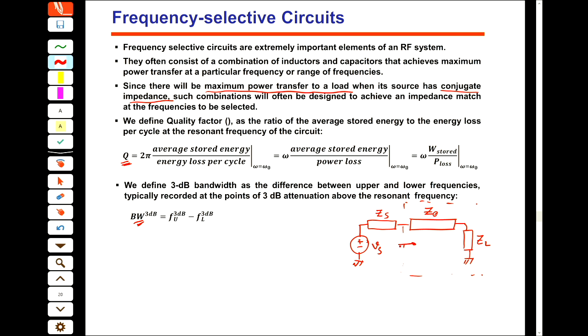From this section, the impedance that we look into this network is Zin, and for maximum power transfer Zin should be Zs conjugate. This is what we proved in lecture 4.